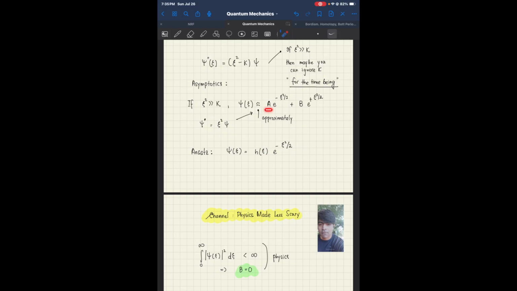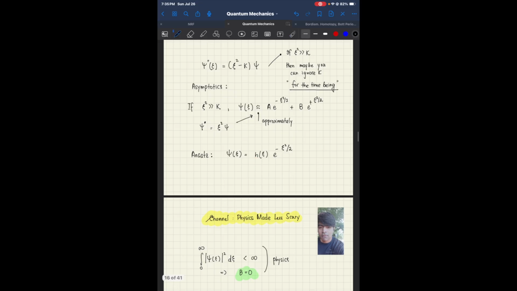Here, recall that it was a constant. It was not a function of xi. So in going from k equal to 0 to k non-zero, the ansatz is you imagine that this is not a constant anymore. This is rather a function of xi. Some arbitrary function that you need to solve for. You need to figure out what this h is.